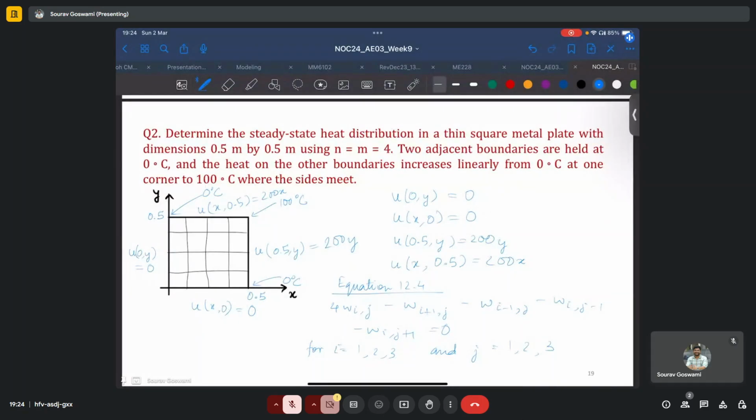And now, just for convenience sake, let us assume the nomenclature which was discussed in the slides. The grid points here are P1, P2, P3, P4, P5, P6, P7, P8, P9. And as we discussed, we are solving for points on the interior, not really on the boundaries.